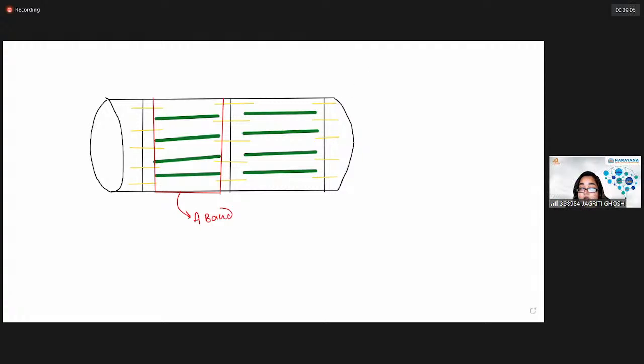And the portion where only thin filament is present, let us draw here.